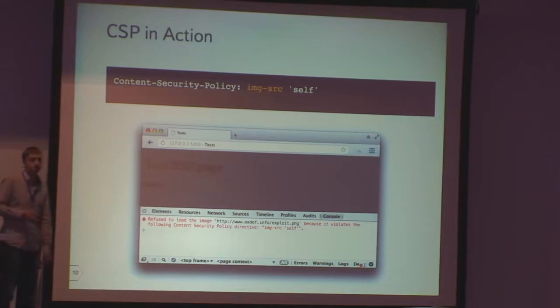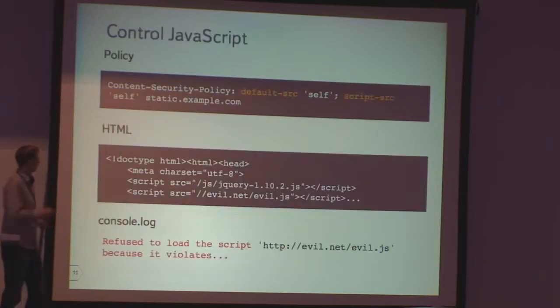Self means the same origin of this web application. So if we take this content security policy and implement it into our web application and try to exploit it as on the previous slide, we will get such an alert in our console.